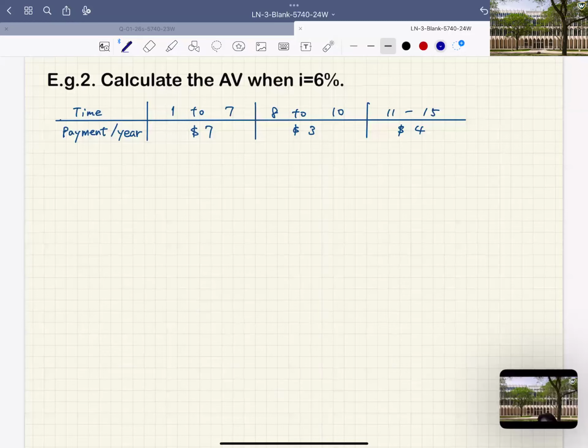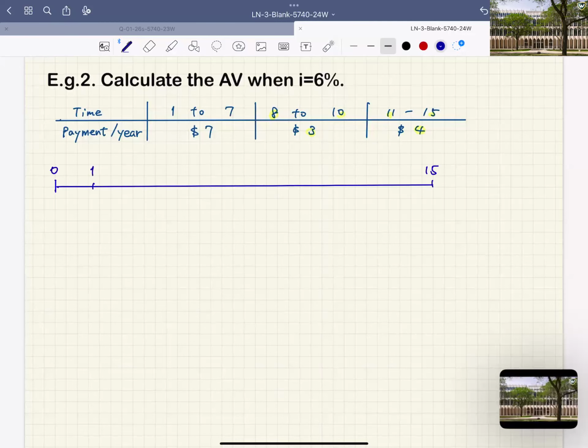So the example is, okay, the annual effective rate is 6%, and we have payments. For t equal to 1 to 7, we have $7 each, so the payment per year is $7. And for t equal to 8 to 10, we have $3. And for t equal to 11 to 15, we have $4 payments. So the cash flow is from 0 to 15.